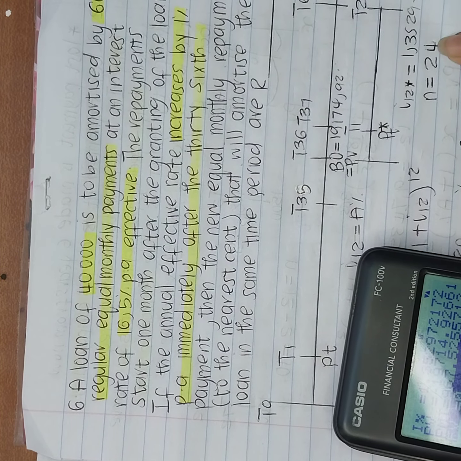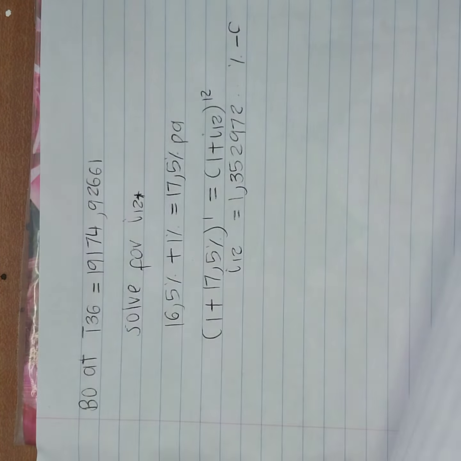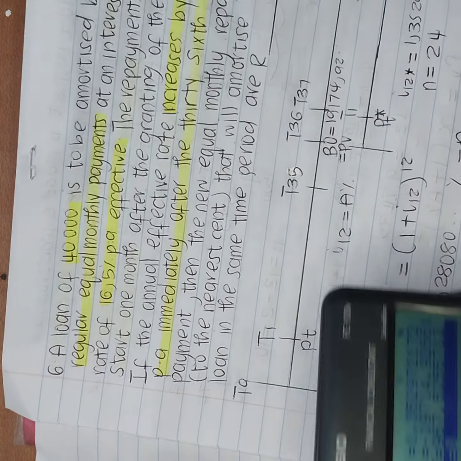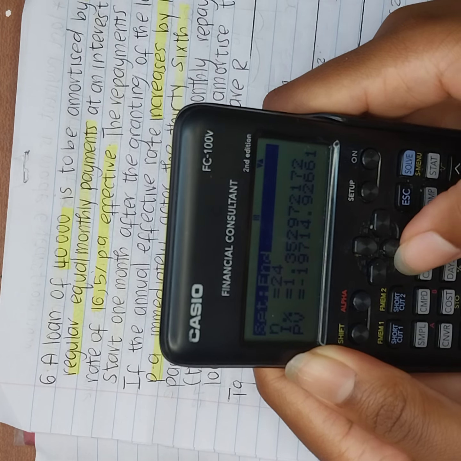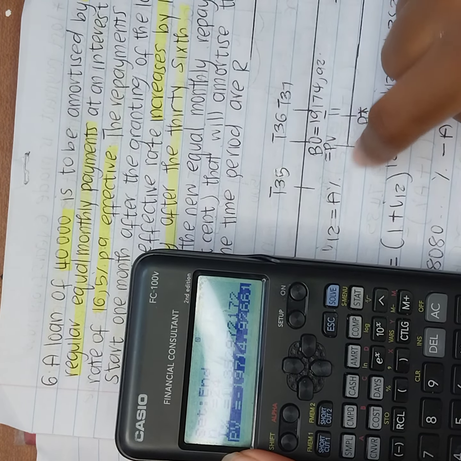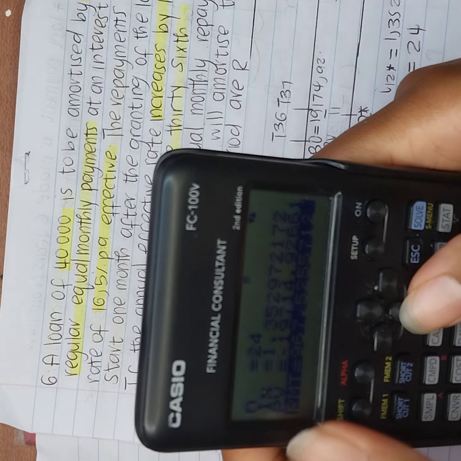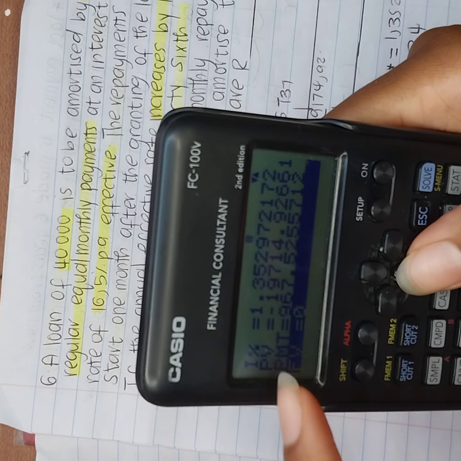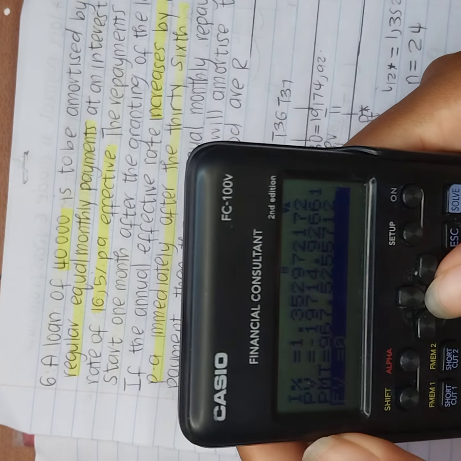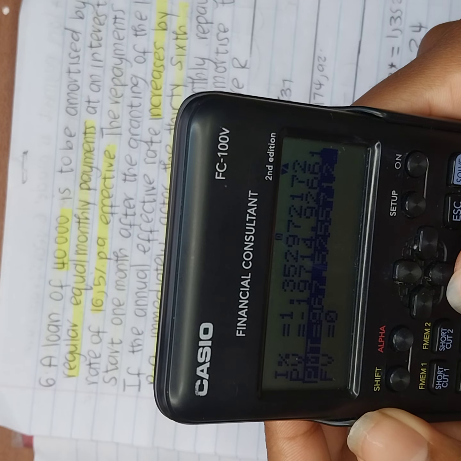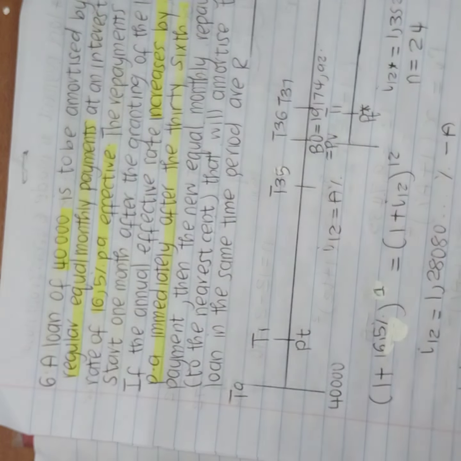The balance outstanding needs to become your new PV. I think my mistake was not clearing FV. So when you solve for it, you get that the new payments are 967.53. Let's write that down.